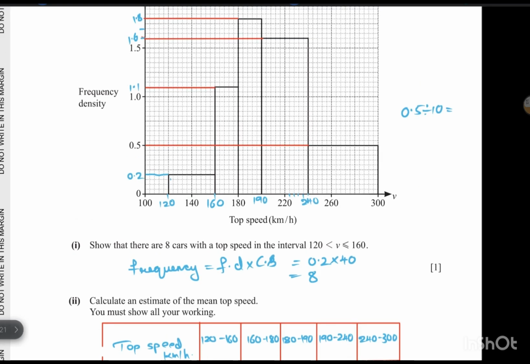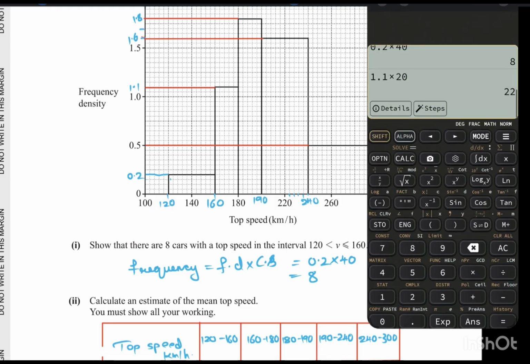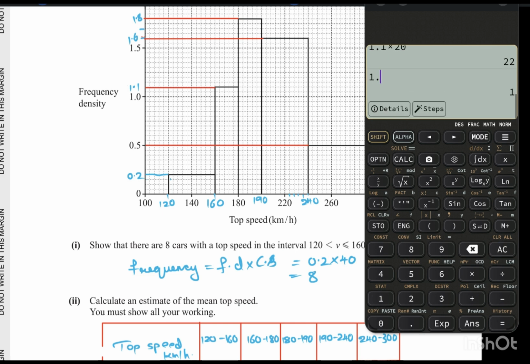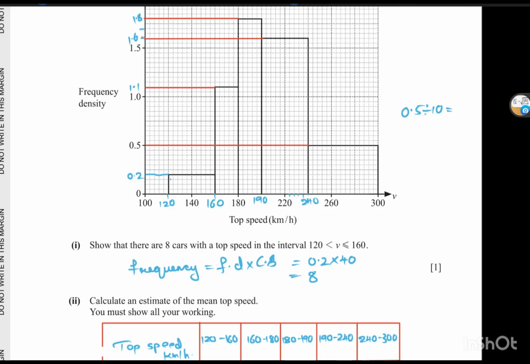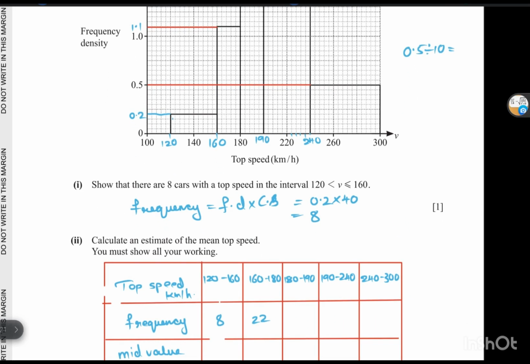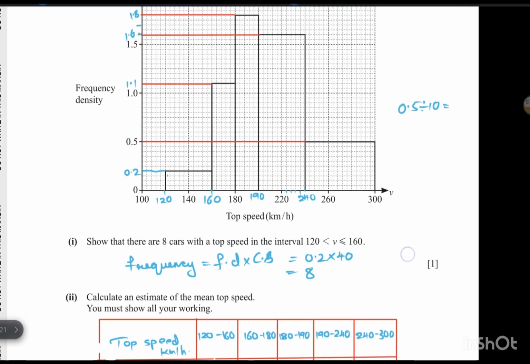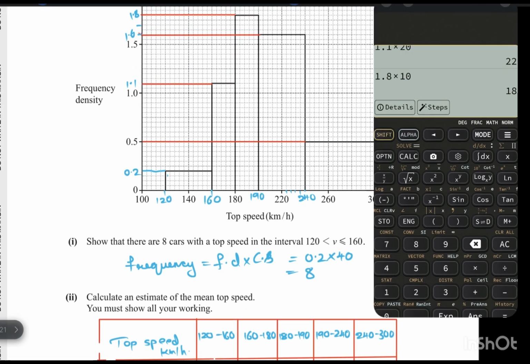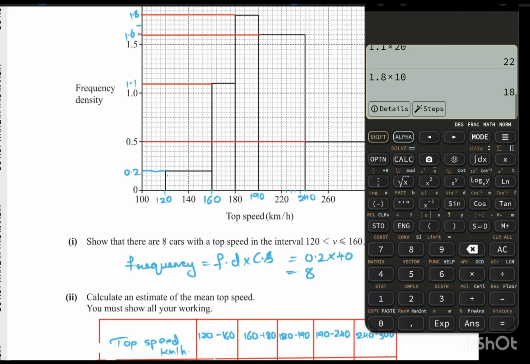Next, the third, 180 to 190, the frequency density is 1.8. 1.8 into 10 because the class size is 10. So it will be 18. So this is 18. 190 to 240, the class size is 50.